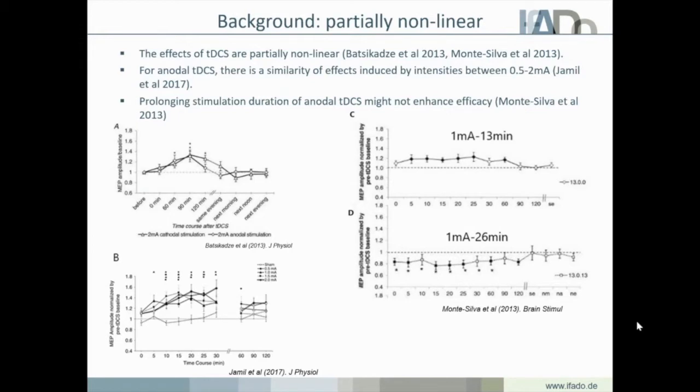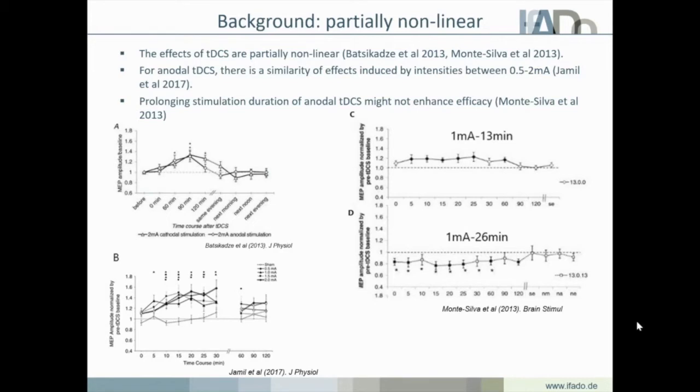But when you prolong the duration of stimulation from 13 minutes to 26 minutes, so continuous stimulation, instead of an enhancement, there is a reversal of the direction of after effects. So you see a diminution of excitability.